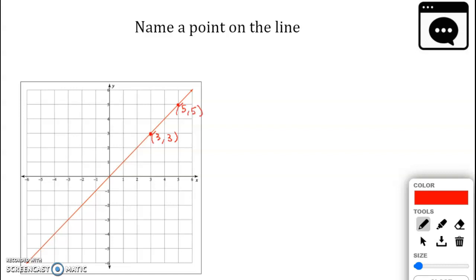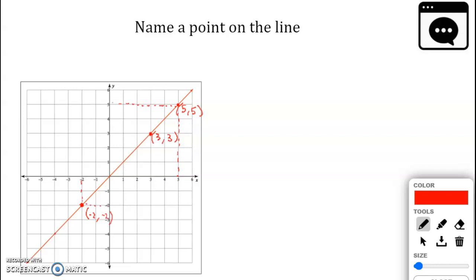The x value is 5 and the y value is 5. So 5 is the x coordinate, and the second 5 is the y coordinate. What about this? This will be x is -2 and y is also -2.